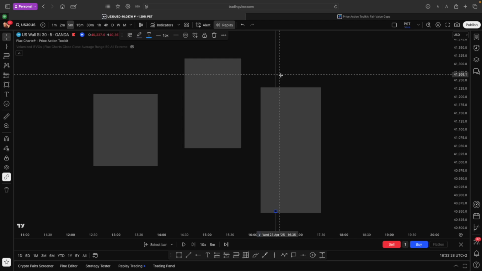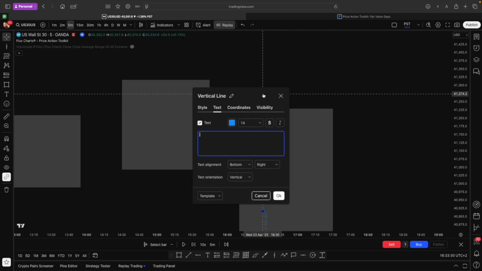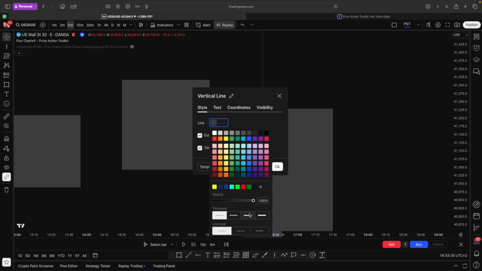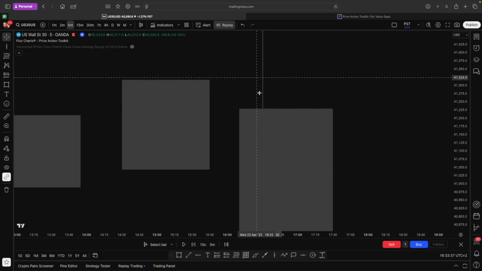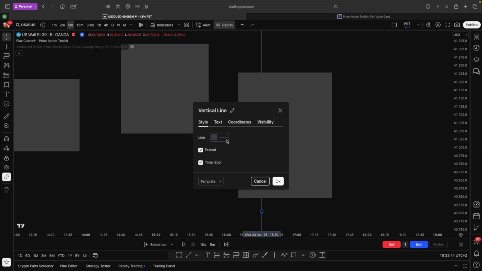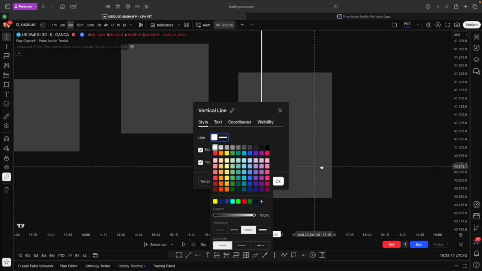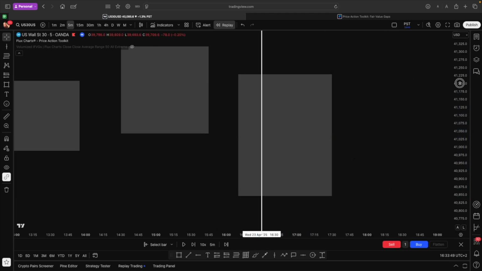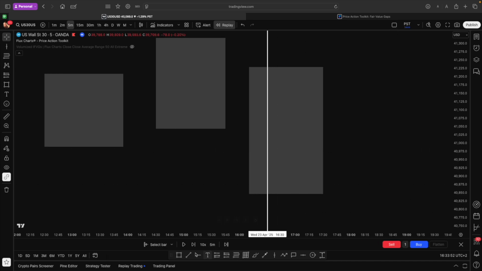So let's say this line is New York Open. Let's just make this a little bit bigger. Let's say this is New York Open. And we then are going to wait for the first fair value gap to form. And then what we want is this fair value gap that's forming to be inversed.